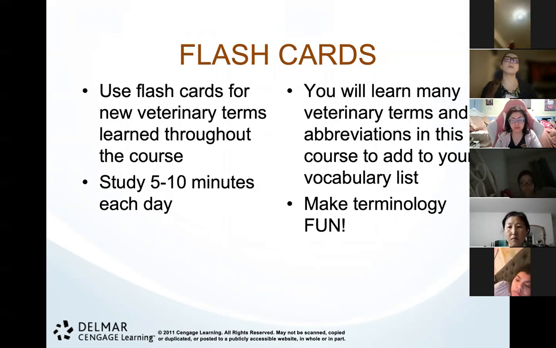Now we're going to get into abbreviations that we're going to use for exams, for medical charting, throughout the clinic, just for everything. It really will help you. It was something that really helped me a lot when I was in school and just in the field. It can help make terminology a little bit more fun. You don't have to study for that long, like 5 to 10 minutes every day. And you will be surprised how much repetition and constant studying will help you.